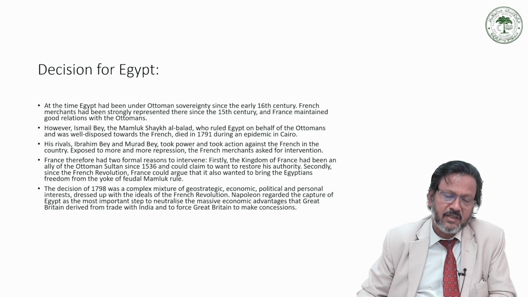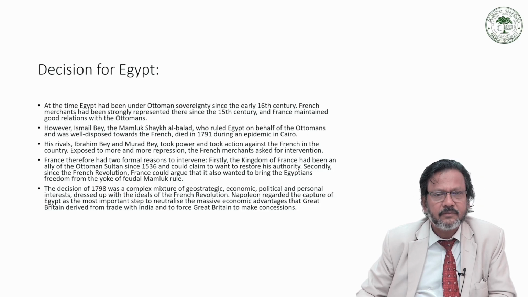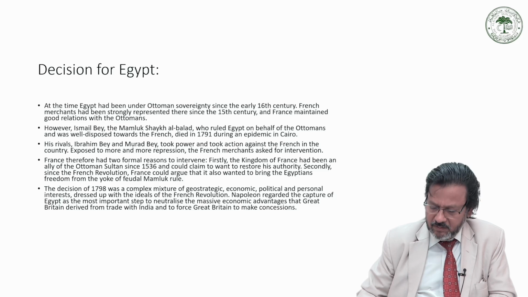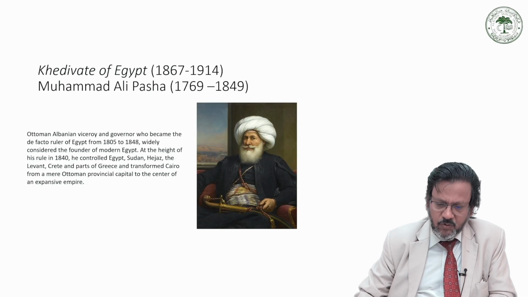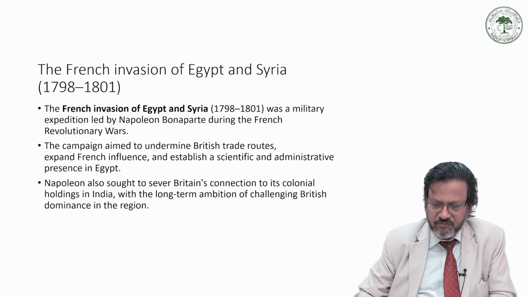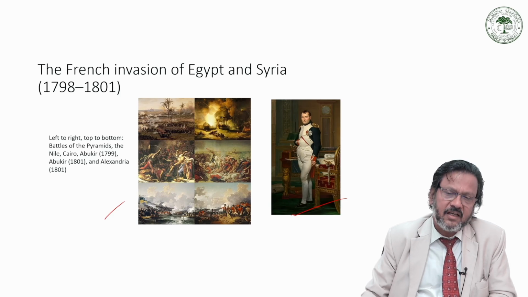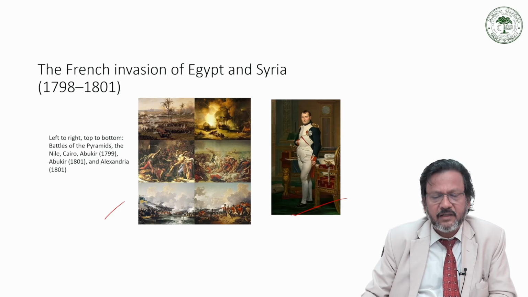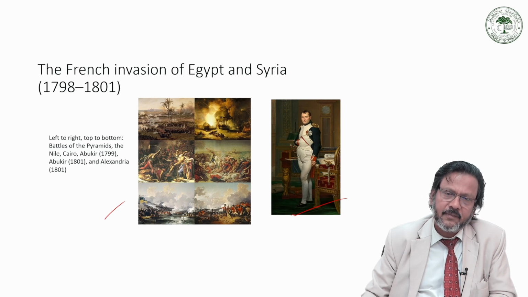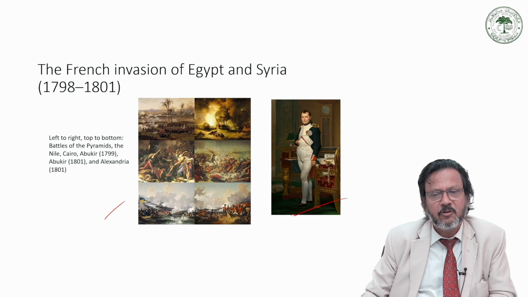Because Egypt has been under the French occupation for a very short time, around 3 years or so, and later on the British. So Napoleon Bonaparte had a vision of doing things along with the armada he had carried. He brought with him several other things, including the printing press.